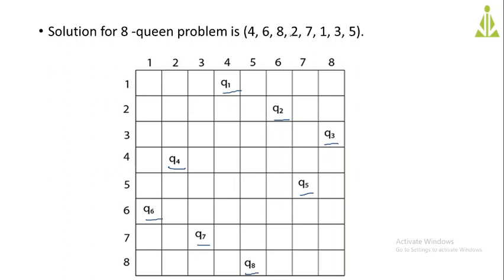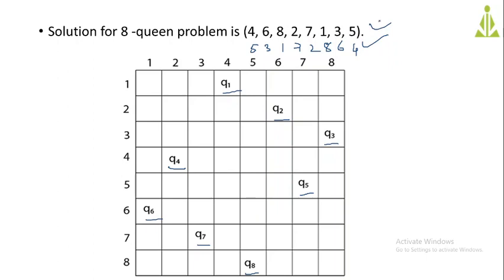This is one answer. Another answer is its mirror image: 5, 3, 1, 7, 2, 8, 6, 4. So we get two possible answers after solving the 8 queen problem.